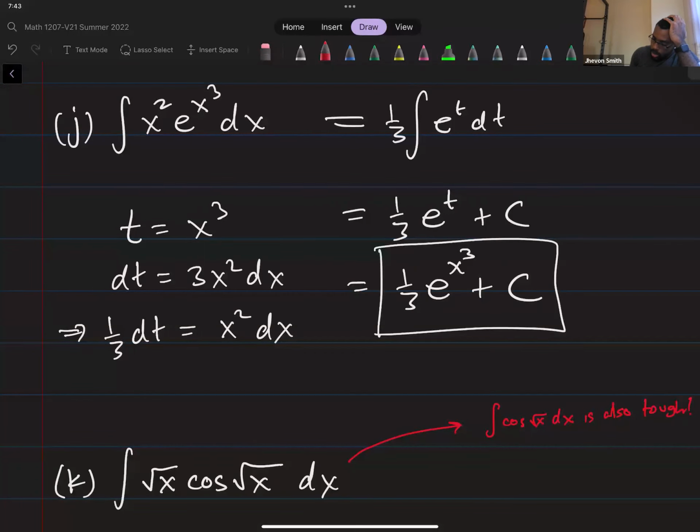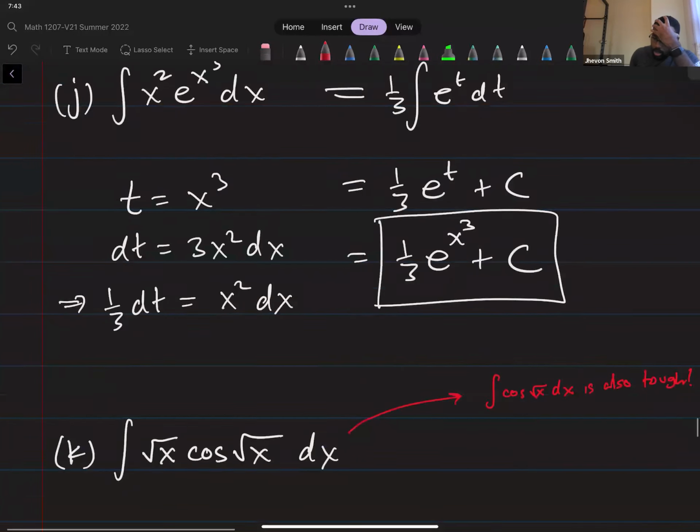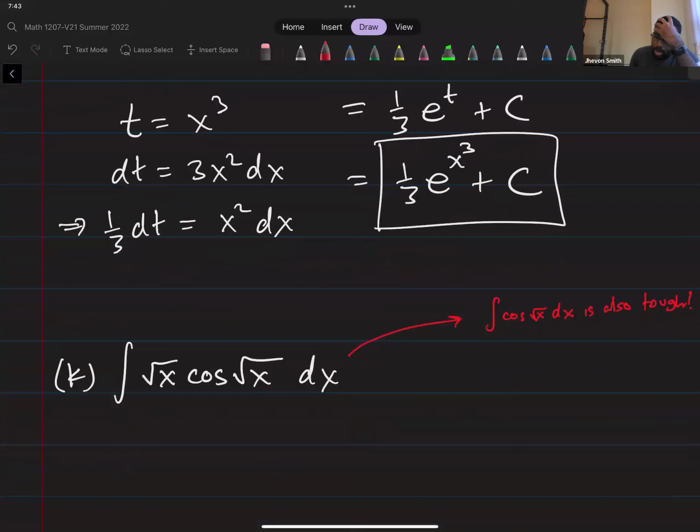Probably not, but it definitely looks annoying. So I would say rather than having the square root of an angle, it's much nicer to have just the angle. So t equals square root of x substitution.